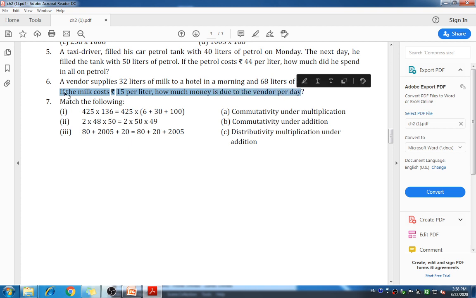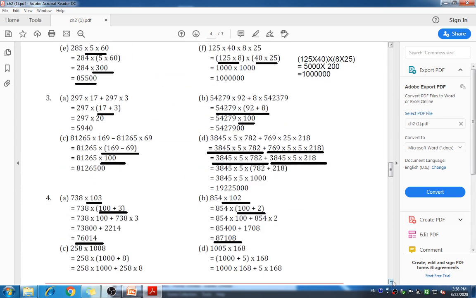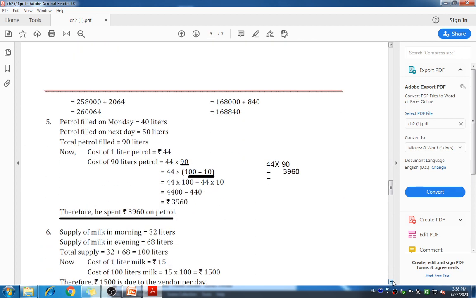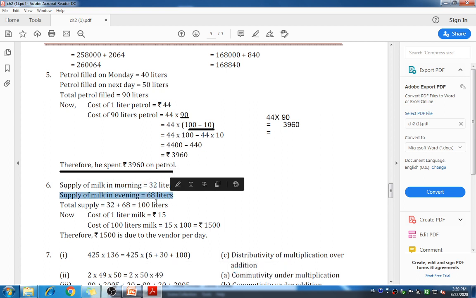As in question 5, we have to do addition first and then multiplication. Look here carefully. Supply of milk in the morning is 32 liters. Supply of milk in the evening is 68 liters.